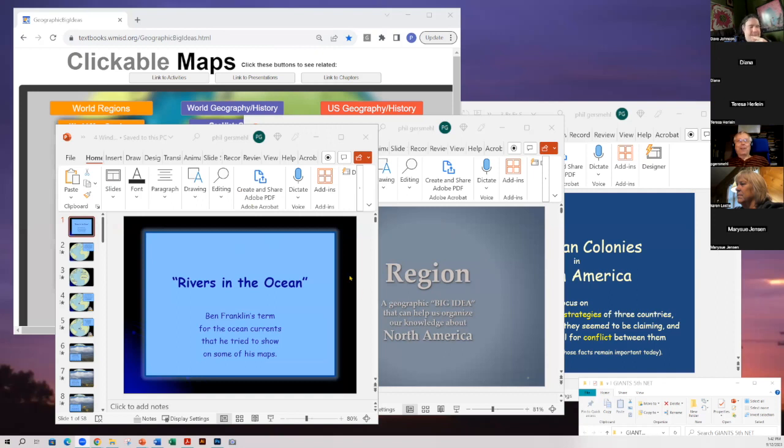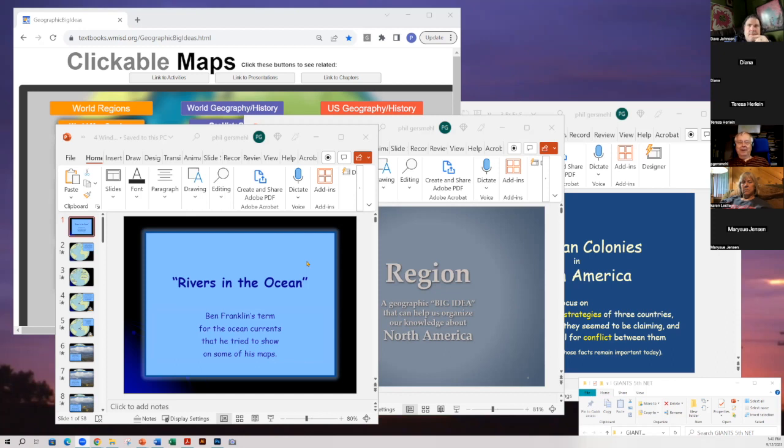So the first part, and why it's positioned right after the break, is this is the thing that previous fifth grade teachers have told me they didn't have in their content background, and it would have been really useful. Because what I'm going to talk about is the rivers in the ocean, Ben Franklin's idea about how the oceans worked, and how that helps us understand.